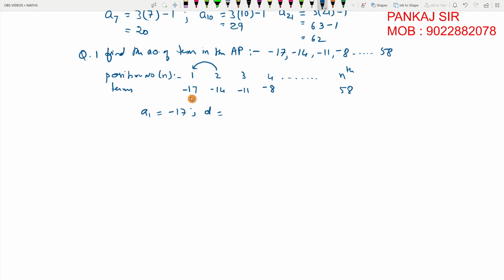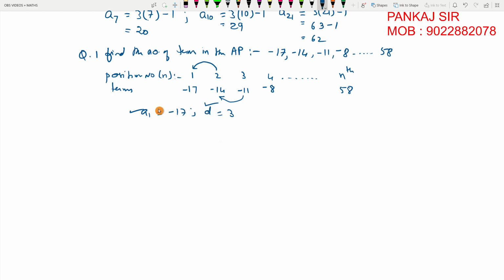So minus 14 minus minus 17, that is minus 14 plus 17, which happens to be 3. And this will also be 3. Minus 11 minus minus 14 will be minus 11 plus 14, which is also 3. So your D is 3. So for this arithmetic progression, the first term is minus 17 and the common difference D is 3.